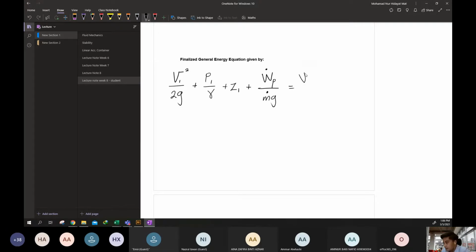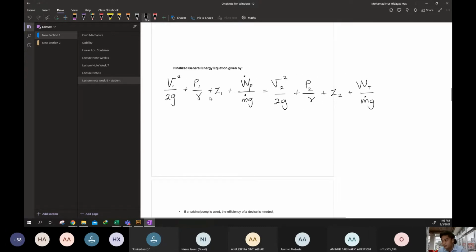The same thing at the outlet: V2 squared over 2g plus P2 over gamma plus Z2 plus shaft work from the turbine over m-dot g, and plus one more term. Do you still remember the other one, which is the loss?